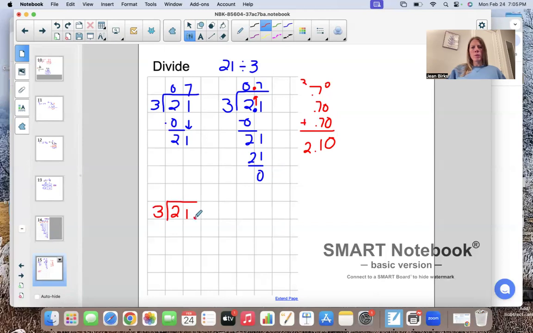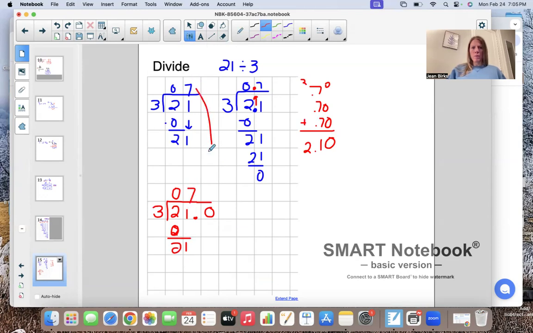Okay. What if I had this problem? And we'll put a decimal right here and did that. Okay. So if I did all the multiple division like we just did before, whoops, this should have been a 0 here. This should be a 2. Just getting ahead of myself and going too fast. That'd be a 7.